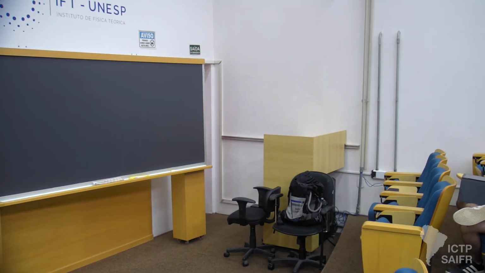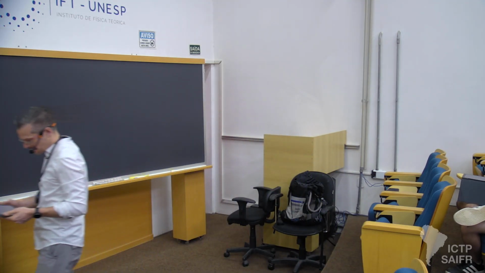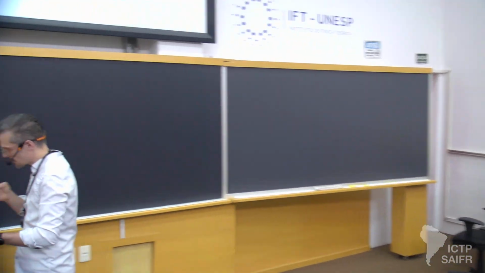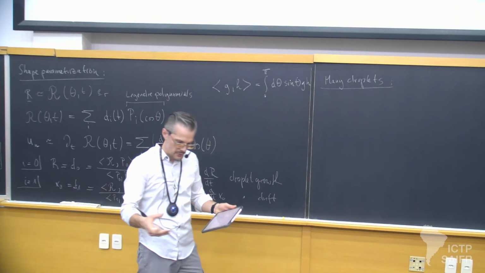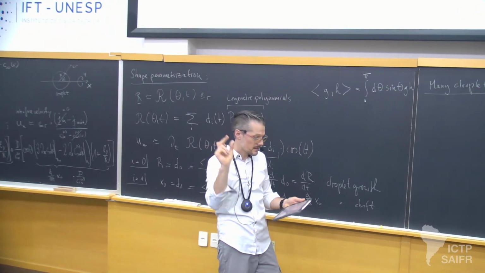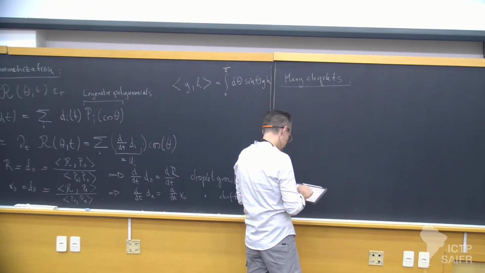So this is exactly the leading order contribution when droplets are far apart. And of course, again, you can also make this more accurate and account for correlations when droplets get very close, but this is beyond the lecture today.